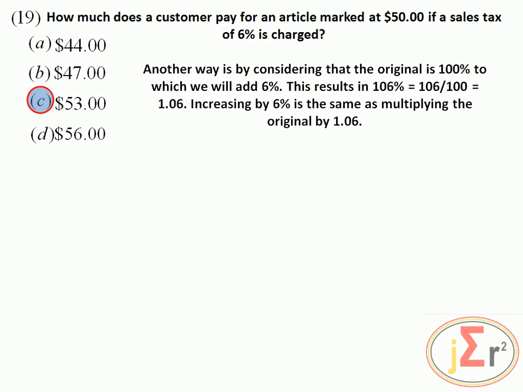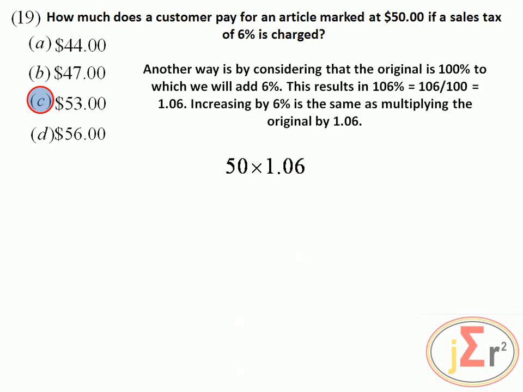And what is that equal to? That is equal to 1.06. Therefore, increasing by 6% is the same as multiplying the original by 1.06.